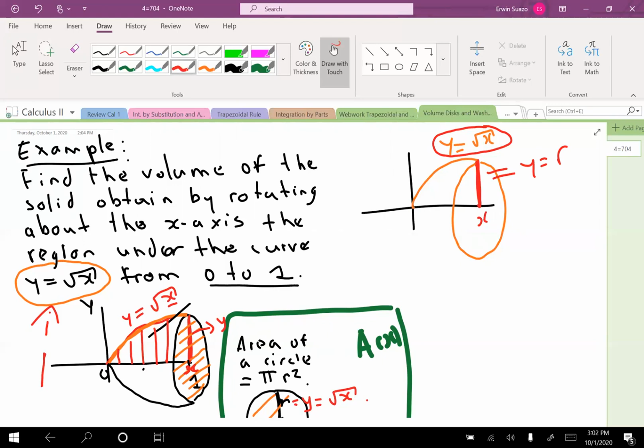This is the whole process. You got the function, you rotate it, and once you rotate it, that's why the radius equals y, because you are rotating around the x-axis. So that's what is important. The whole explanation of the exercise and the example is to understand why y equals r. So there are other formulas.